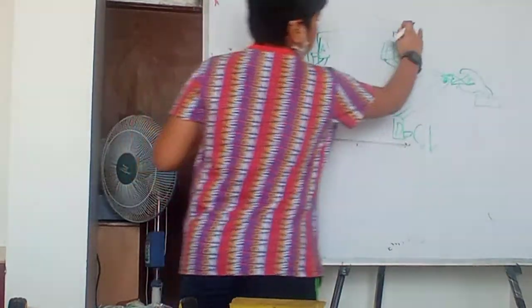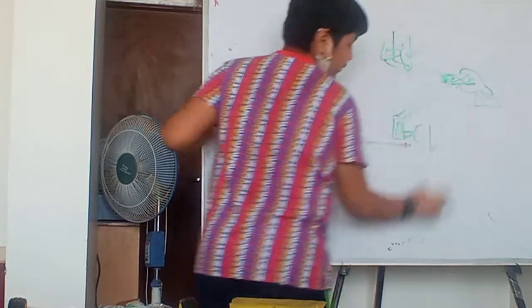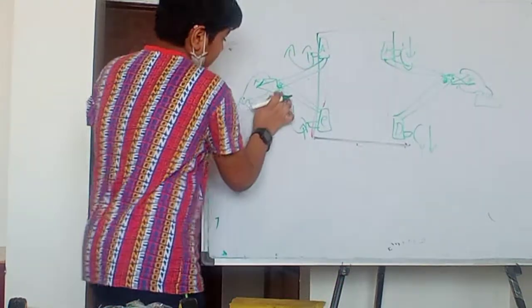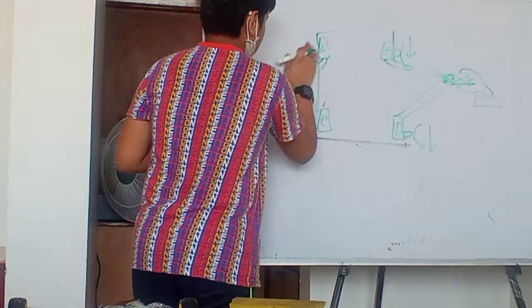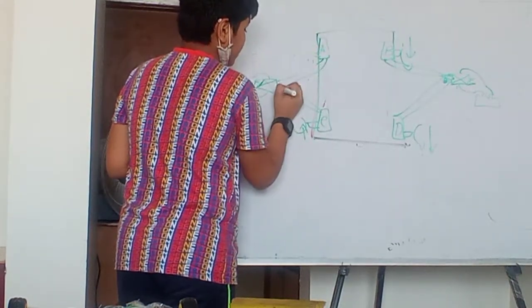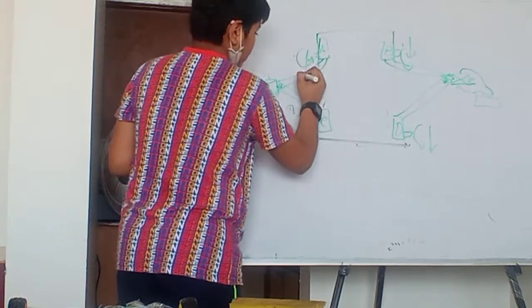Opposite, this side force is applied, then the opposite reaction, and then it is moving this side. But this side is backward, so opposite will happen. So like this. So this was backward, and then this thing and this.